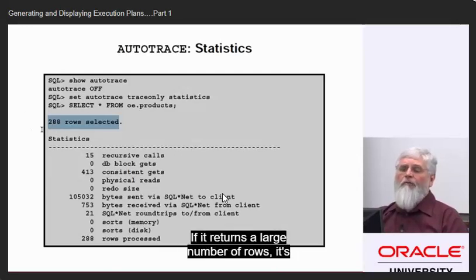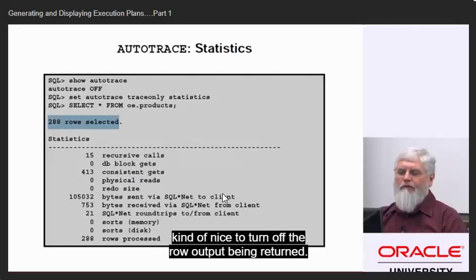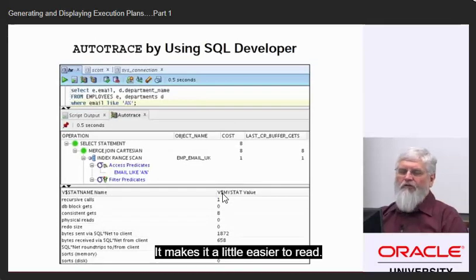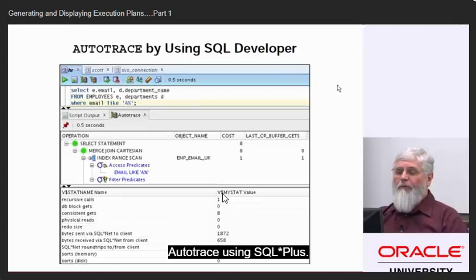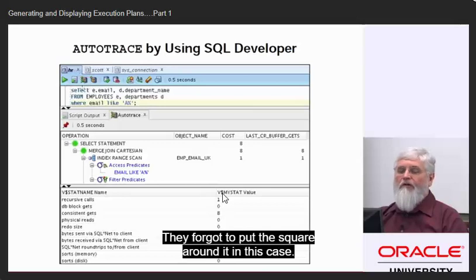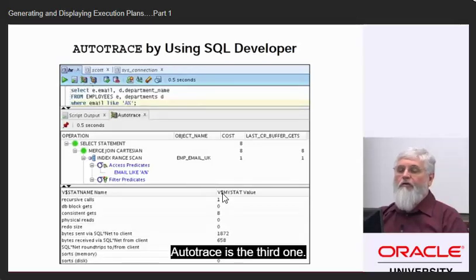Autotrace using SQL Developer is the third icon over. They forgot to put the square around it in this case. Autotrace is the third one, and explain plan is the fourth one. You just get used to where they are. It will show you the execution plan, and you can even see the output.